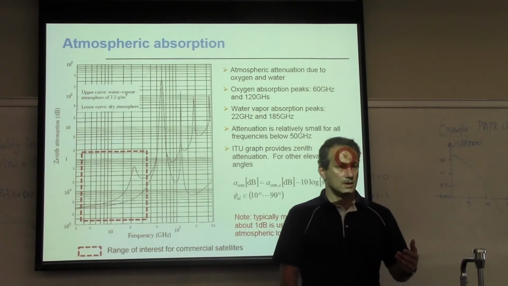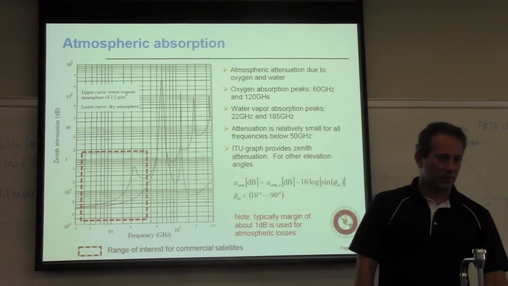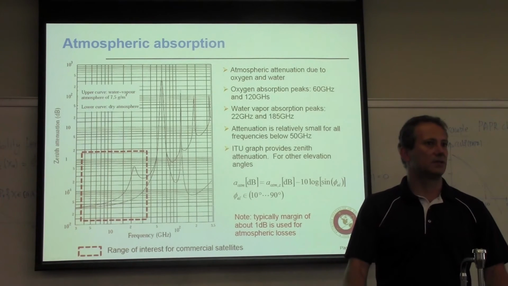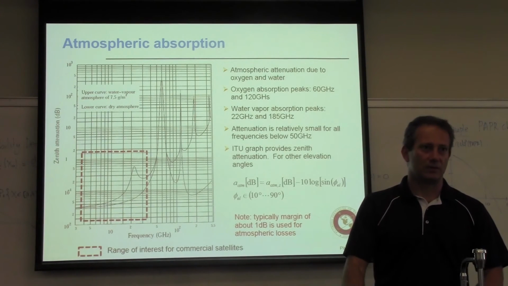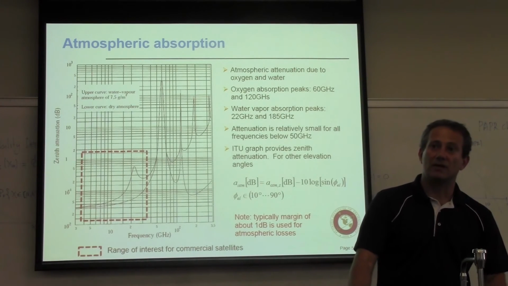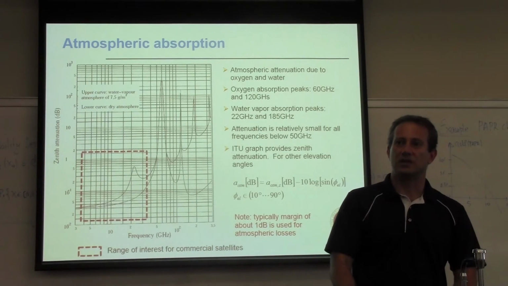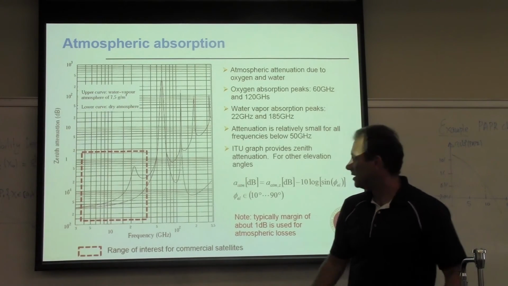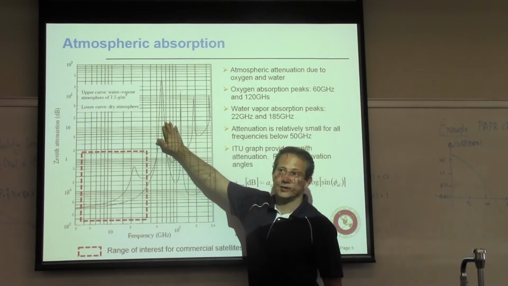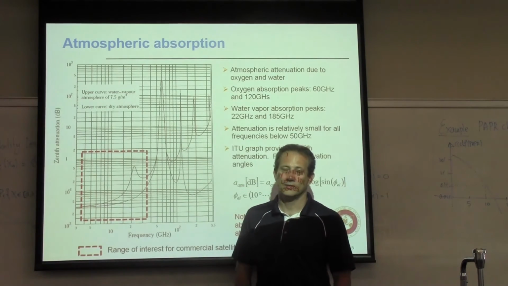A good example would be what is called 802.11 AD. That's 802.11, like the Wi-Fi set of standards, but 802.11 AD is a 60 gigahertz standard, which means it is designed to operate right in this peak, the largest one that exists there.